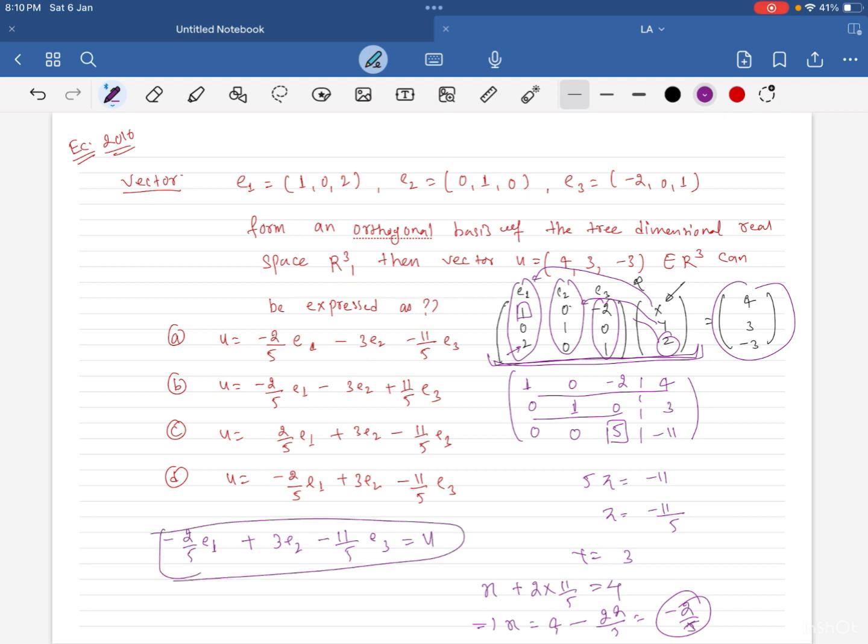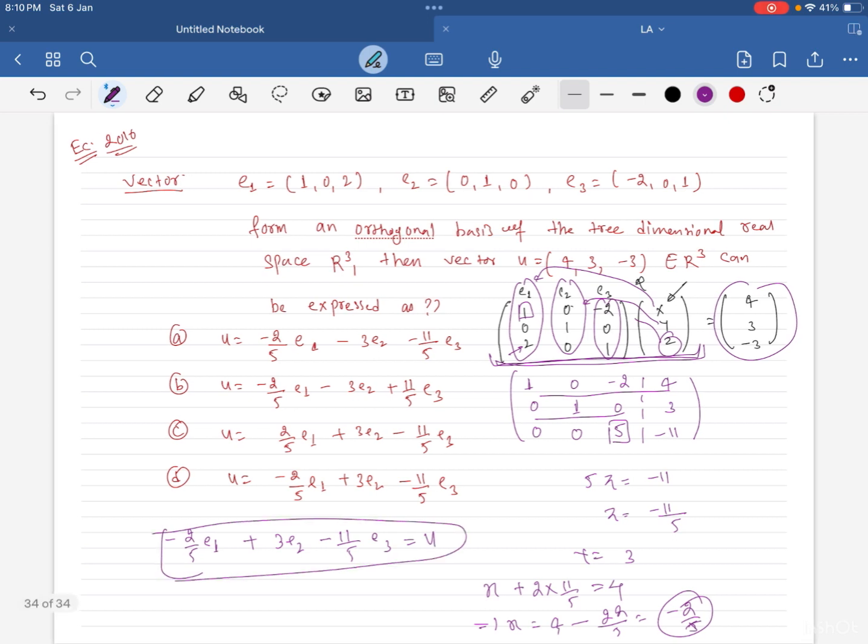So the correct answer for this is, this can't be the answer, because here minus, so D is the correct answer.